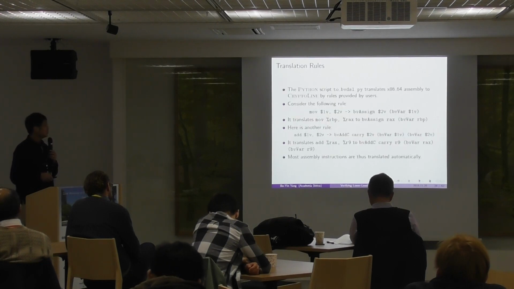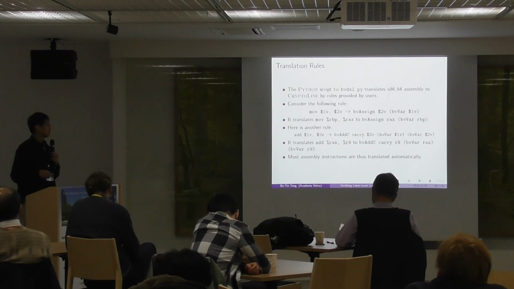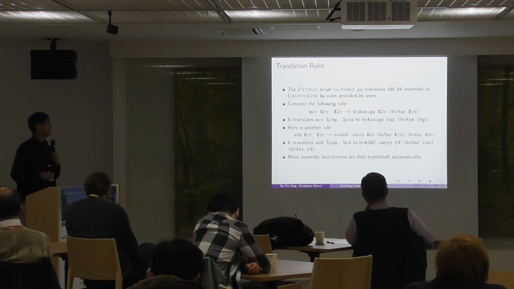Okay, so the translation rules that we mentioned. The Python script bbdsl.py translates the assembly language to CryptoLine by rules provided by users. So for example, when we see mov variable 1, variable 2, we replace it with bb assign of the second variable, the first one.